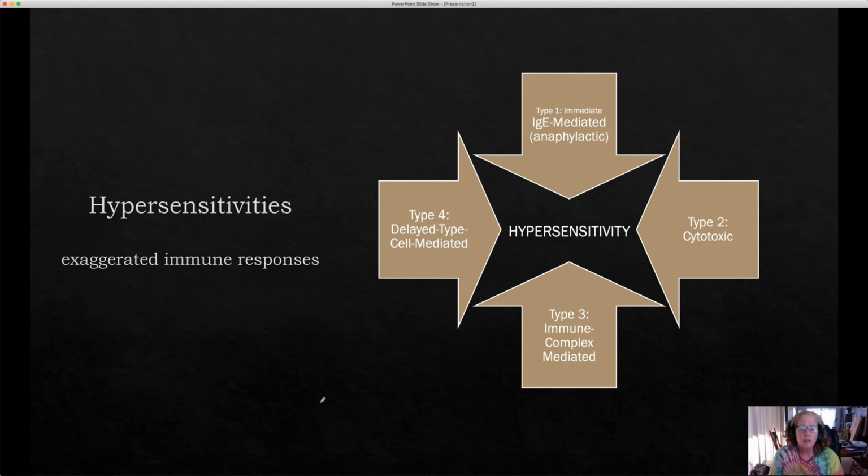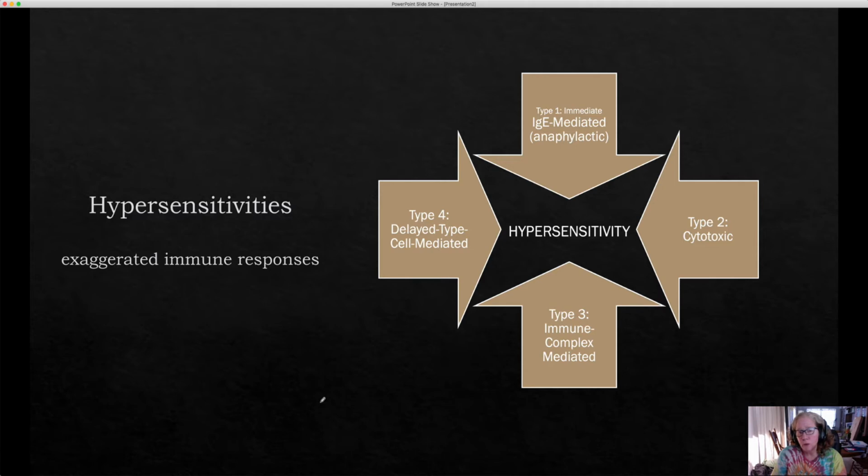So it's really called an immediate IgE mediated hypersensitivity, also more commonly known as an anaphylactic reaction or type 1 hypersensitivity. Type 2 is cytotoxic, so you can tell here that cells are going to be destroyed at some point in time. So type 2 is called a cytotoxic hypersensitivity.